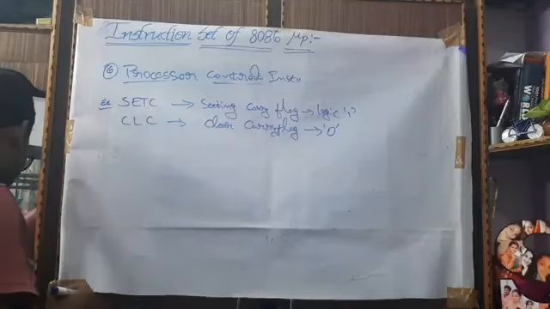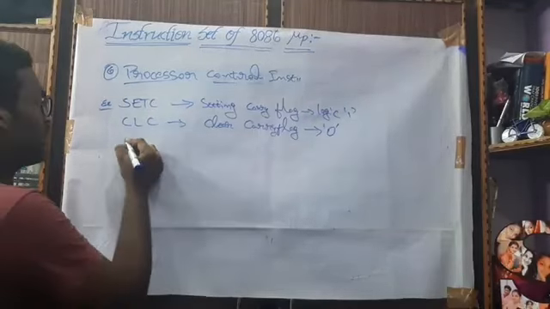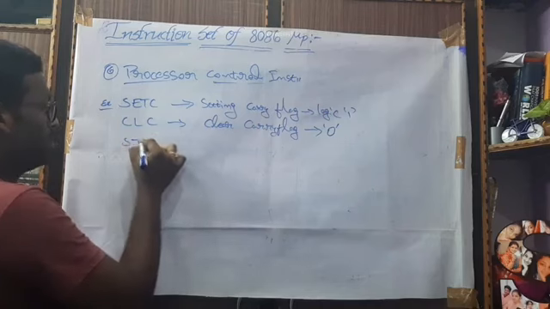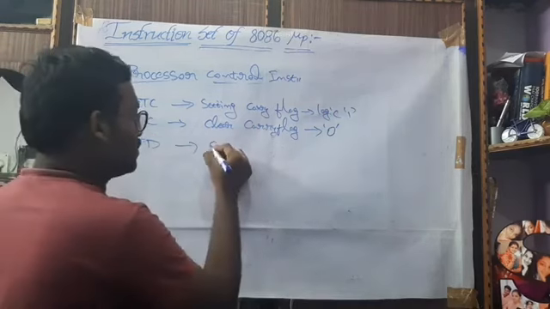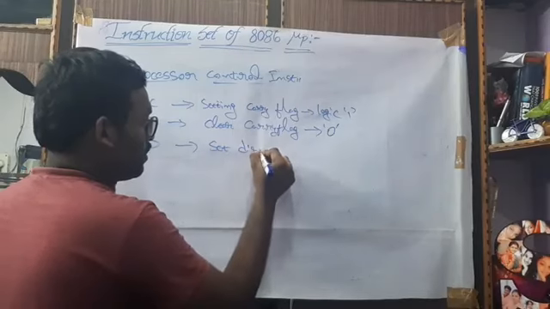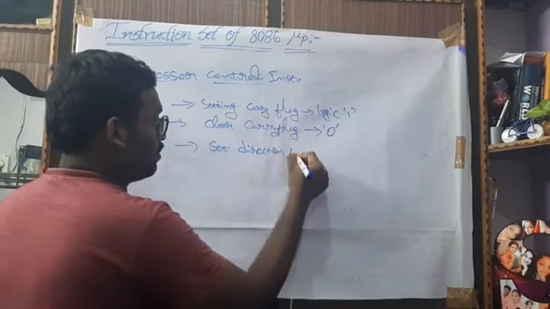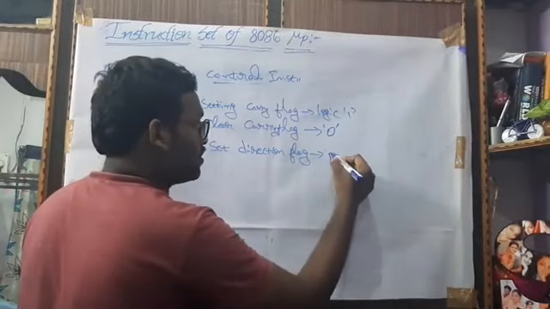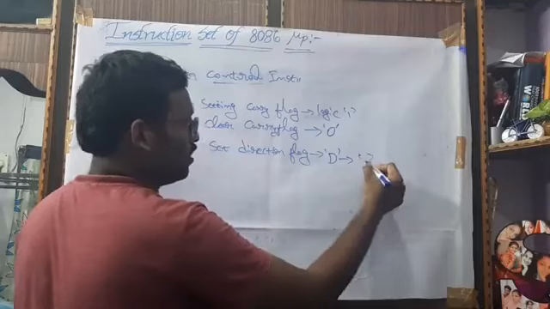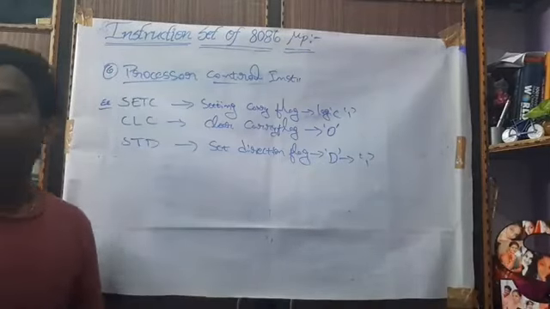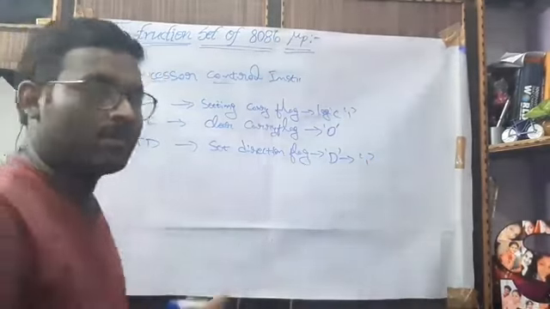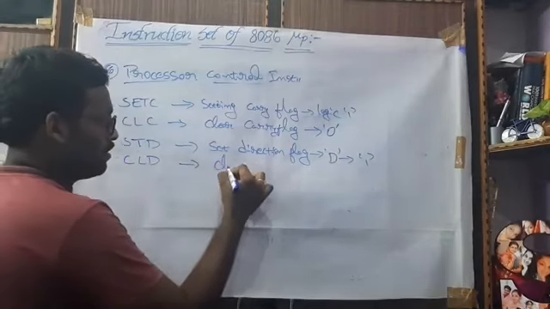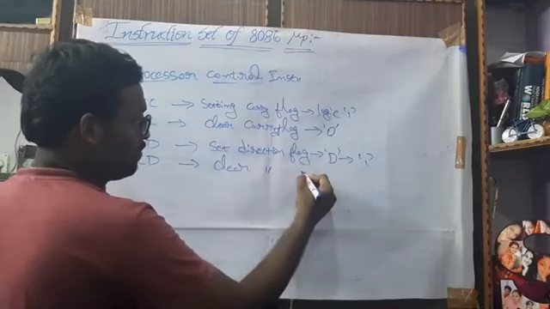So these are some processor control instructions. Like this: STD, set direction flag, which means the direction flag, represented with D in the flag register, is set to logic 1. Next, CLD, clear direction flag.